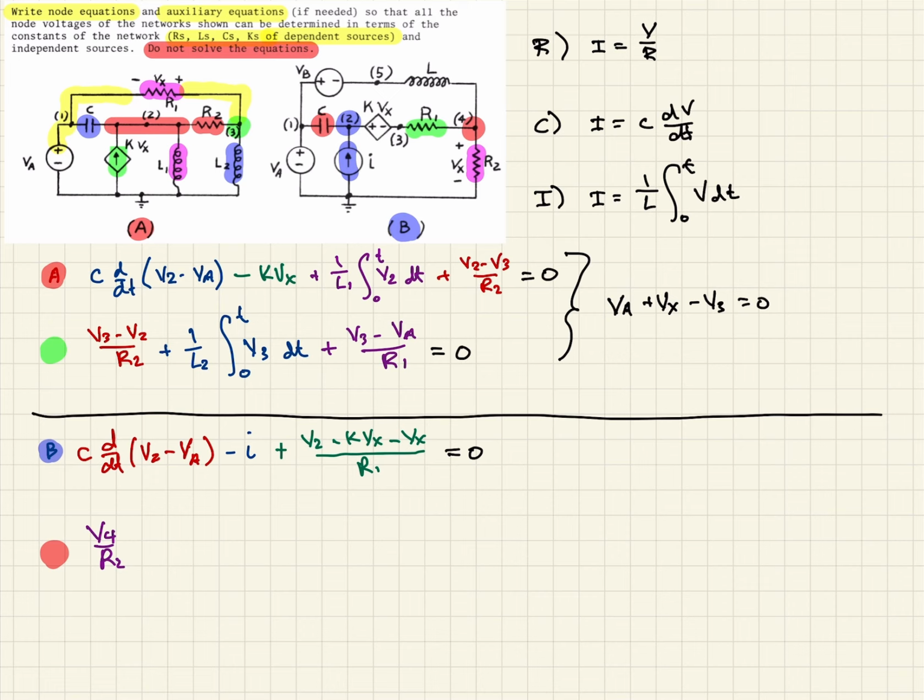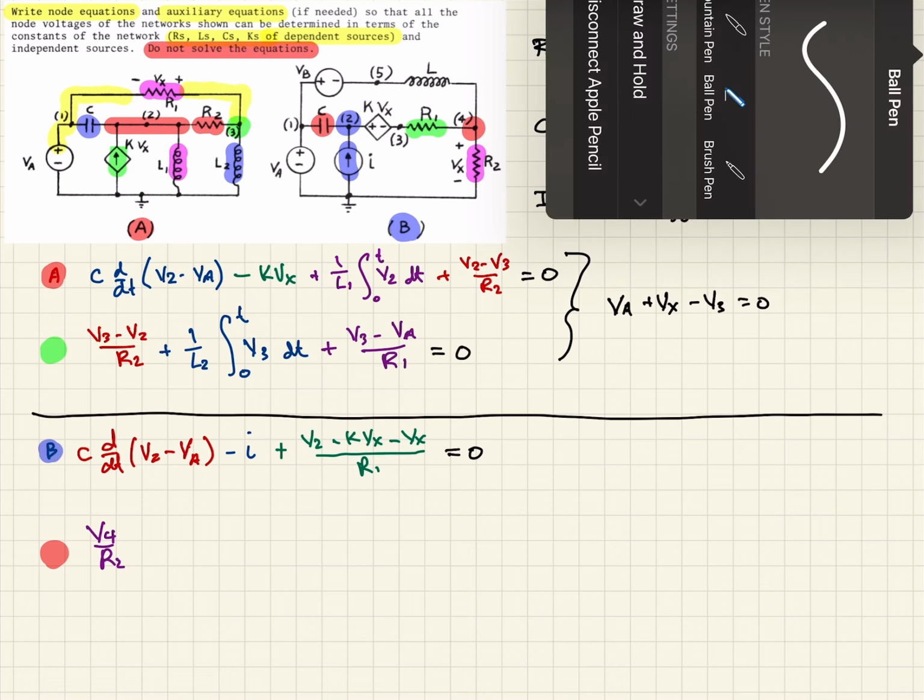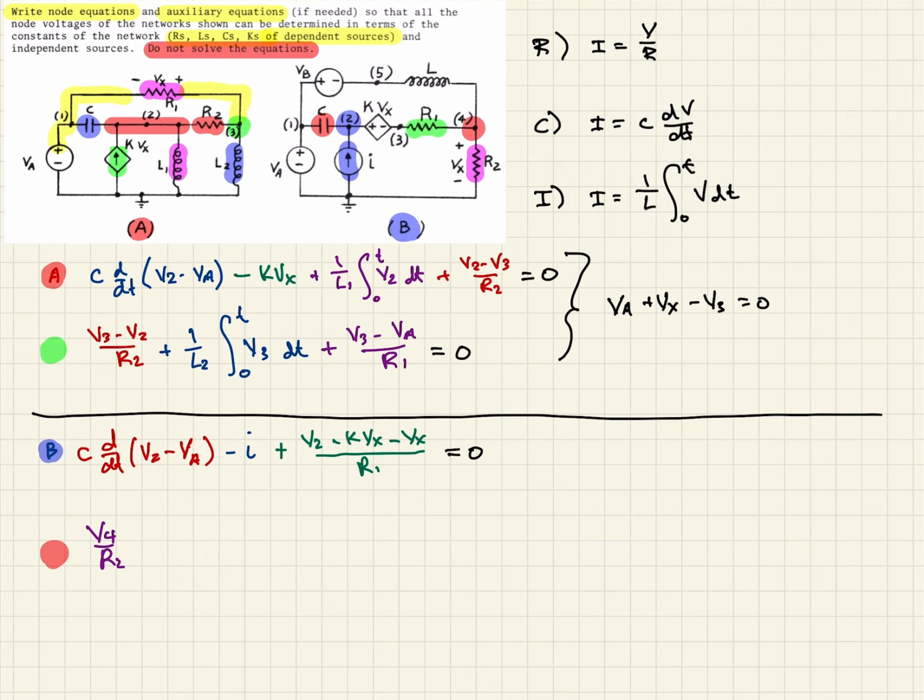Next we've got that R1 in green, so we can apply the same way. That's going to be V4 plus this time KVx minus V2. That's because of the sign notation on there, our convention. That's all over R1.